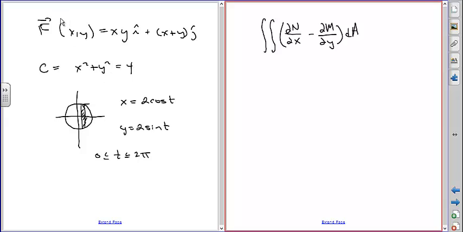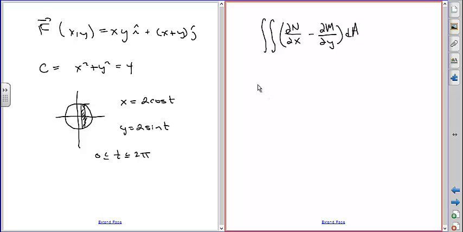Green's theorem, you could do this in a rectangular coordinate system, or you could do it in a polar coordinate system. I mean, you could rewrite these and find this area using polar coordinates. What you'd have to do is take the partial derivatives and then use these substitutions. They wouldn't be parametric substitutions, but they would be polar coordinate substitutions.